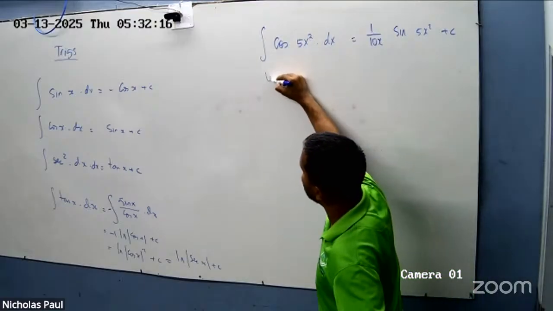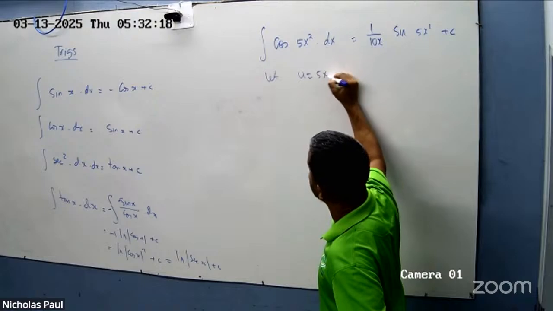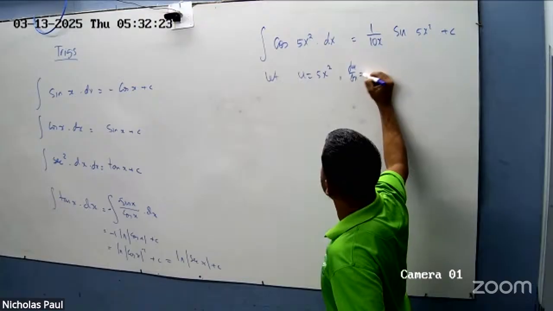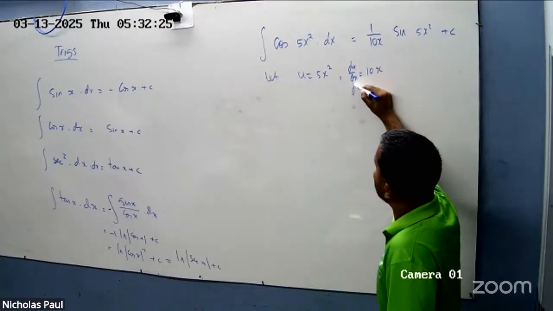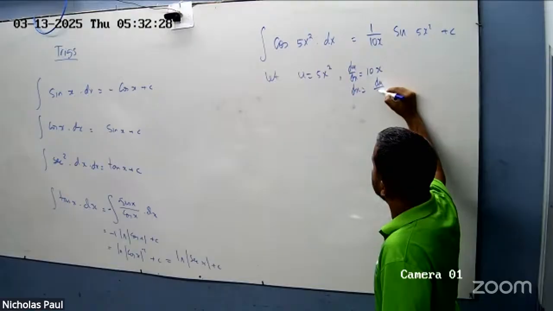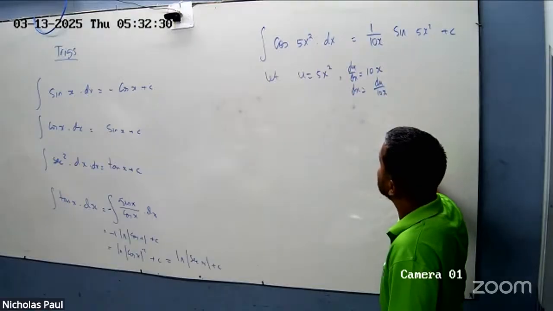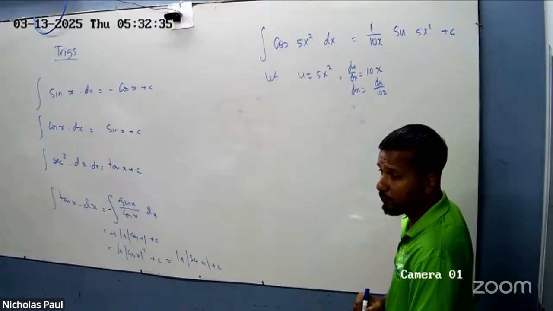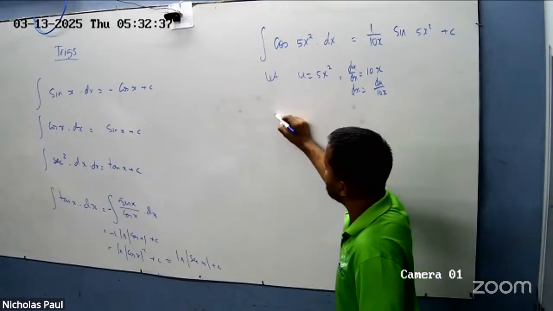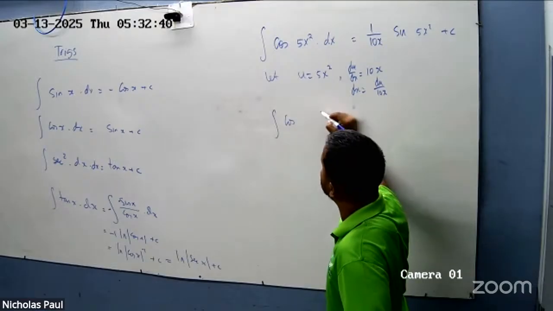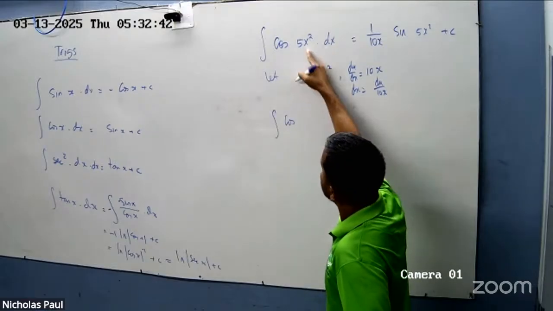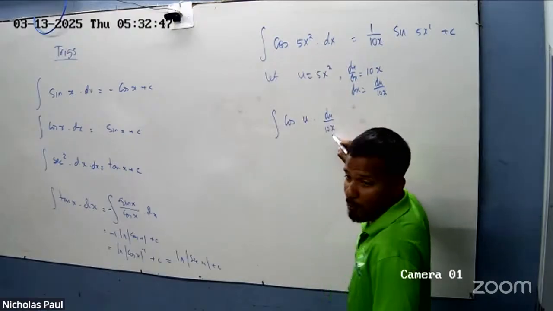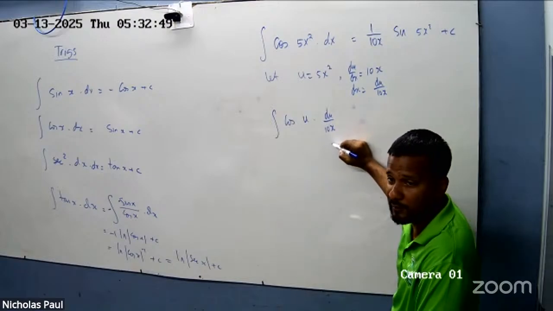But what is the long way to do it? Let u equal to 5x squared. And you'll get du dx is 10x, so dx is equal to du over 10x. That's okay? And then when you substitute, you'll get the integral of cos u times du over 10x. But we have a slight problem.